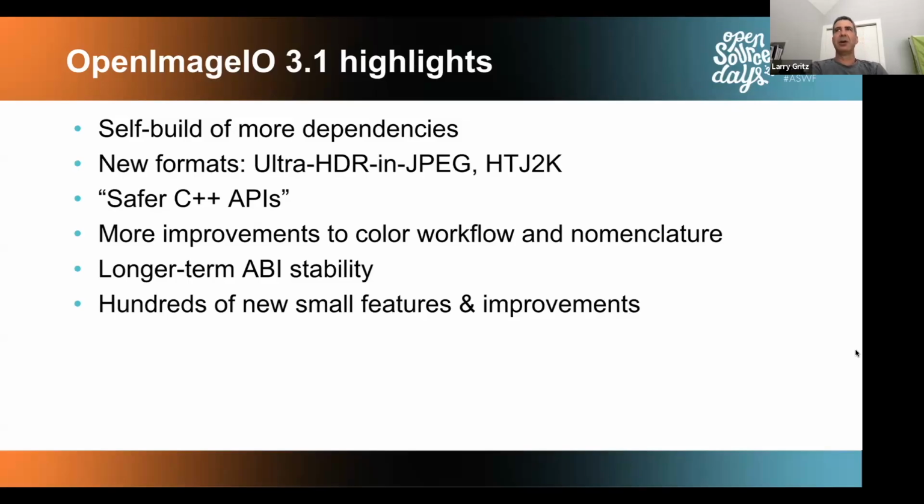And another big change that we have coming is continued improvements to the color workflow. In particular here, there's a group under OpenColorIO called the Color Interchange Interop Forum. Sorry if I mangled that, CIF folks.